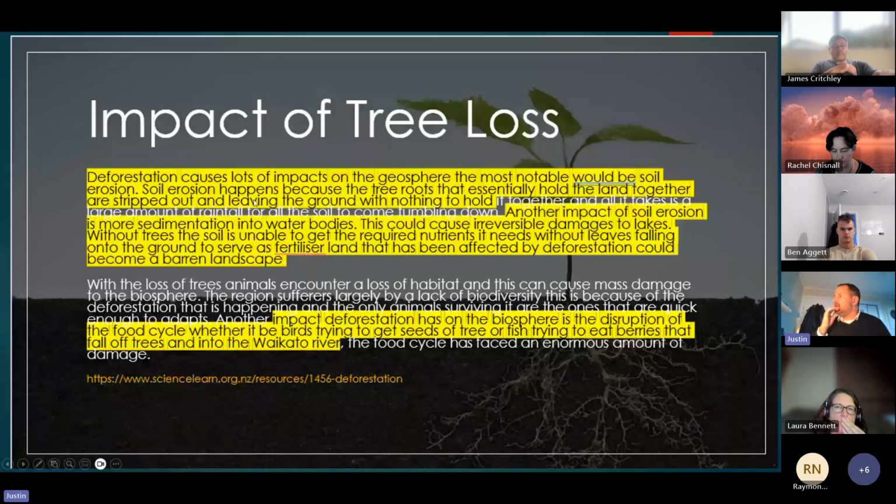But if you have a look at that, I've highlighted where there are some science ideas described. Tree roots holding land together are stripped out, leaving the ground with nothing to hold it together, so away it washes.